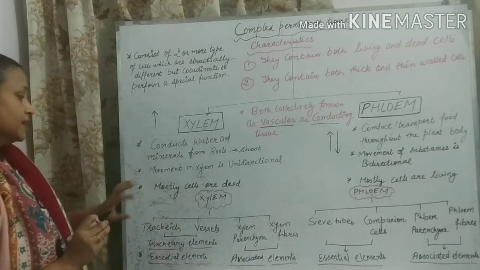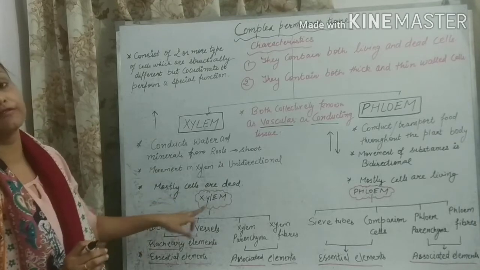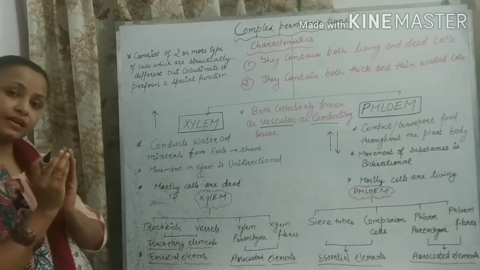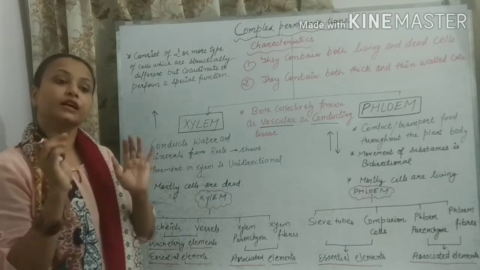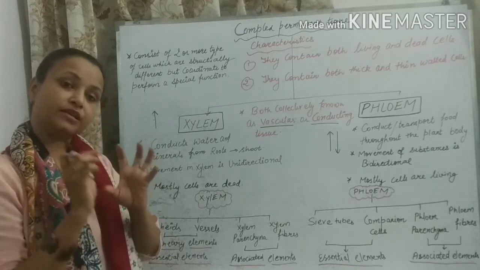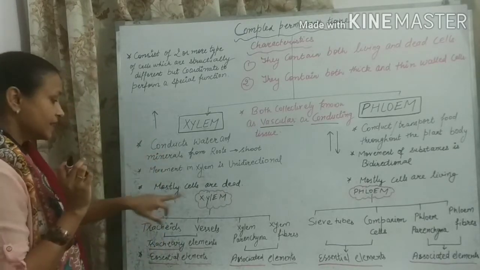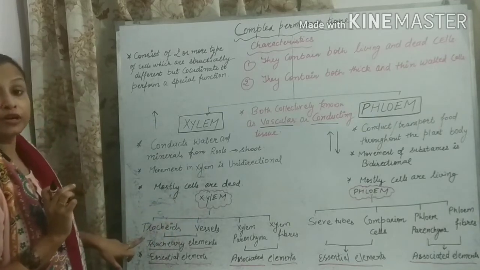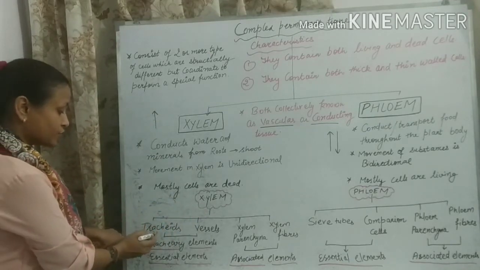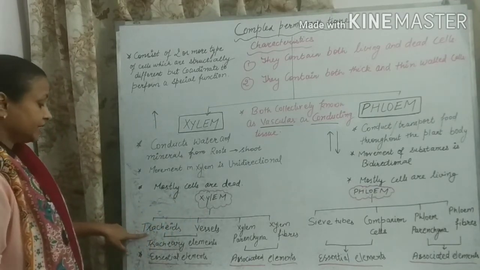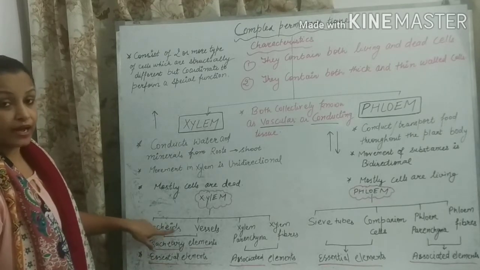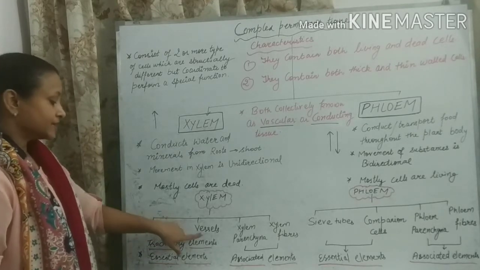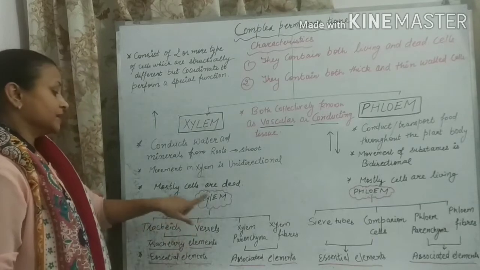Xylem has four different types of cells. It is a single tissue, but it is made up of a group of different types of cells. The first one is tracheids. The second is vessels.